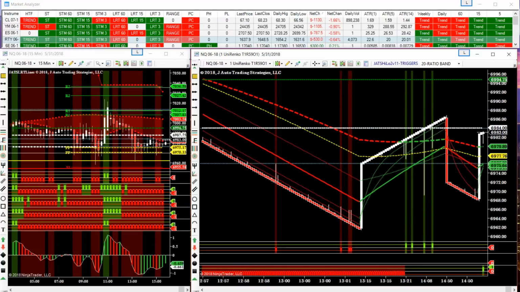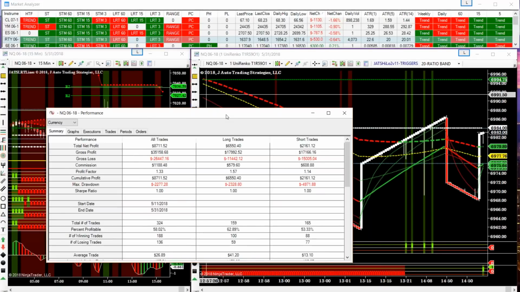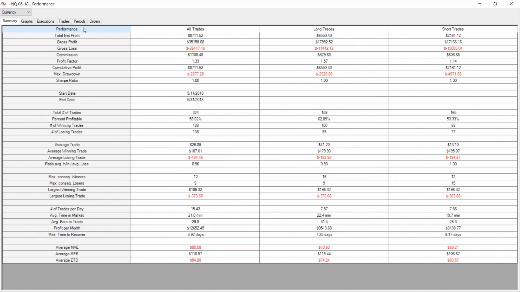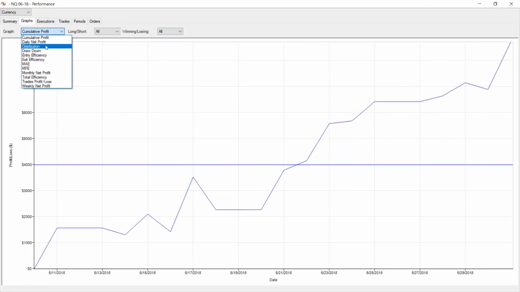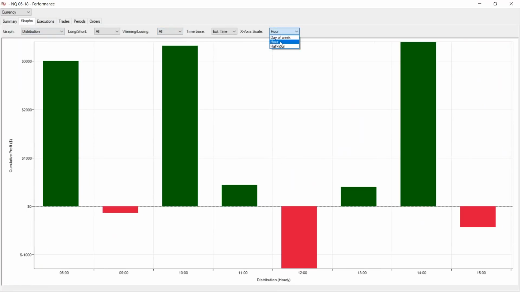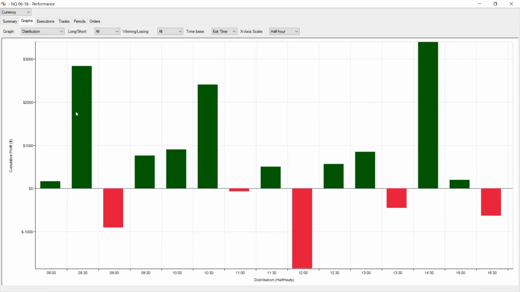It's just amazing. You have the ability to manage the time that you're trading, so you can limit it. You go back into your back test and you see that you want to trade around the open and close. I want to trade at 8:30 for sure, from 8:30 to 9, and then I want to trade at 14:30, that's 2:30 to 3, and then maybe 10:30 to 11.